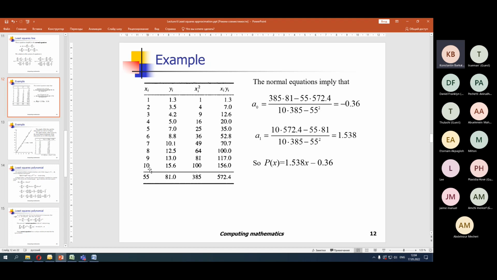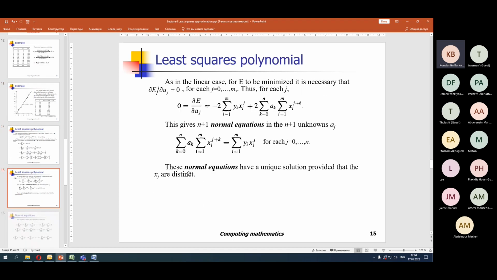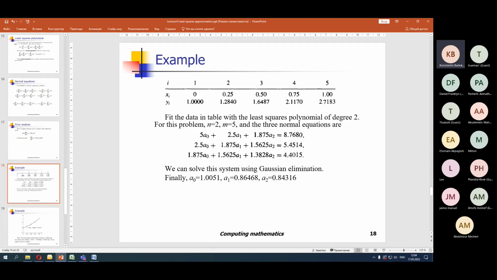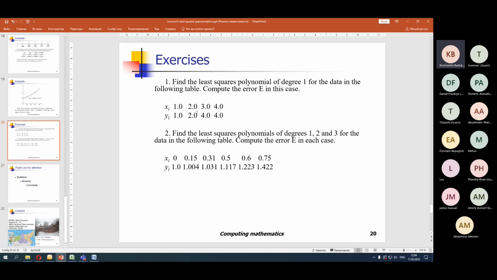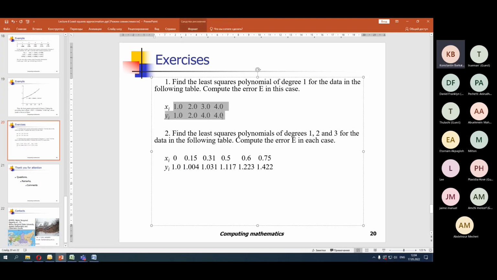Okay, as homework, I will send you this presentation. Try to take these data, or you can change them, and try to apply this approach by yourself. Try to find the least squares line for this given data.